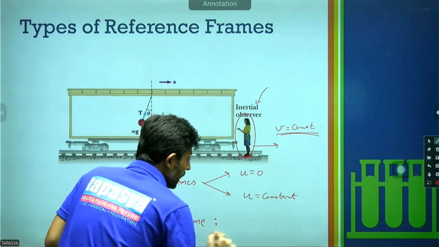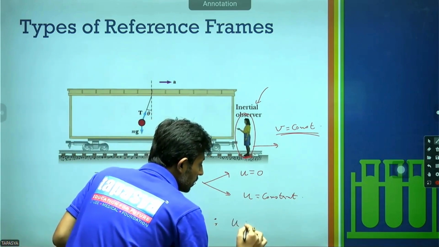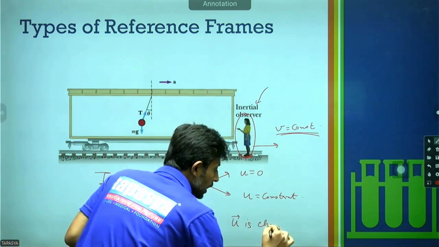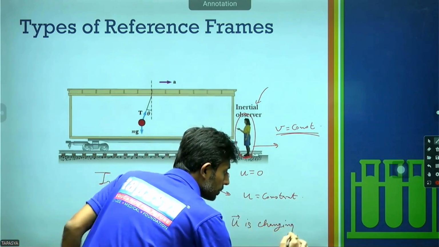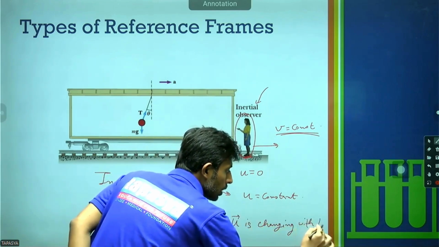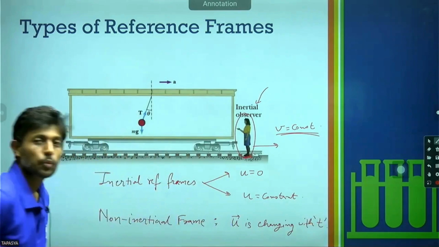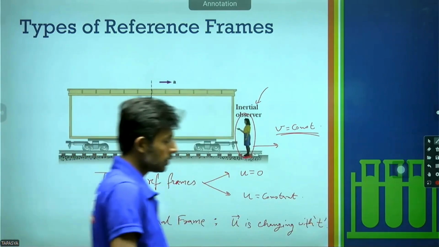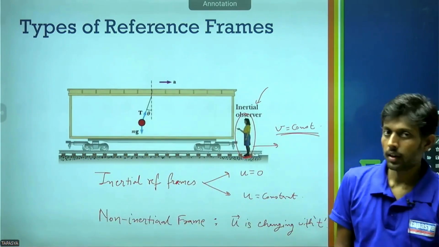So where u or velocity is changing with time. Only in such a case you would call these non-inertial reference frames.